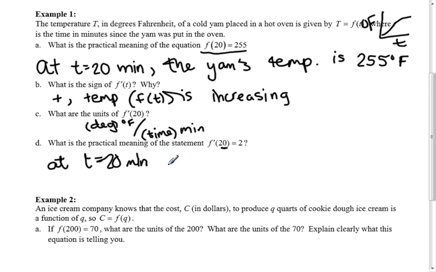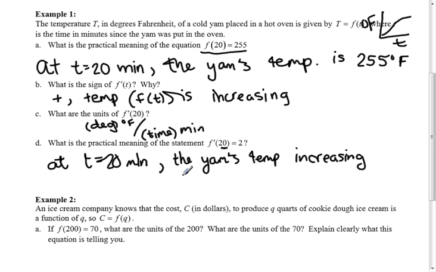So at T equals 20 minutes, the yam's temperature is increasing, and it's positive, right? And how fast is it increasing there? That's given by our f prime of 20.